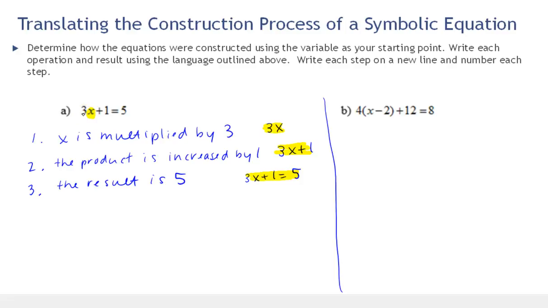Let's look at the next one. So here's x. Now we're going to start with x minus 2, so x is decreased by 2.